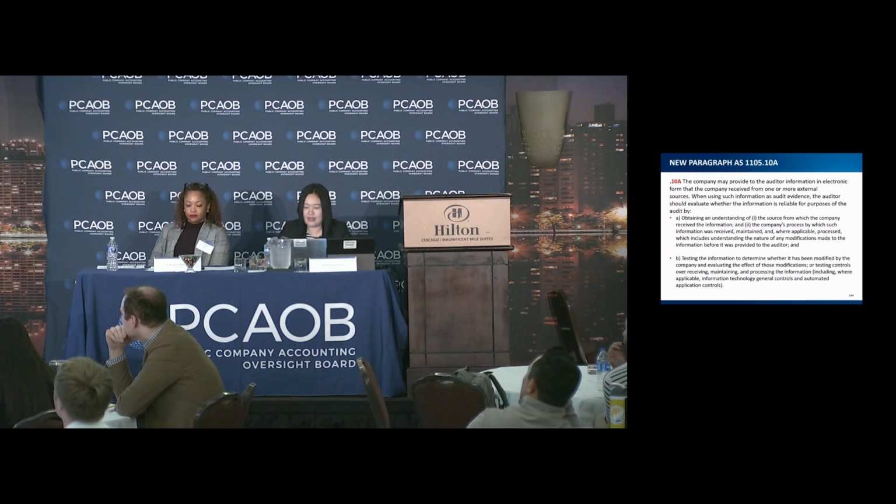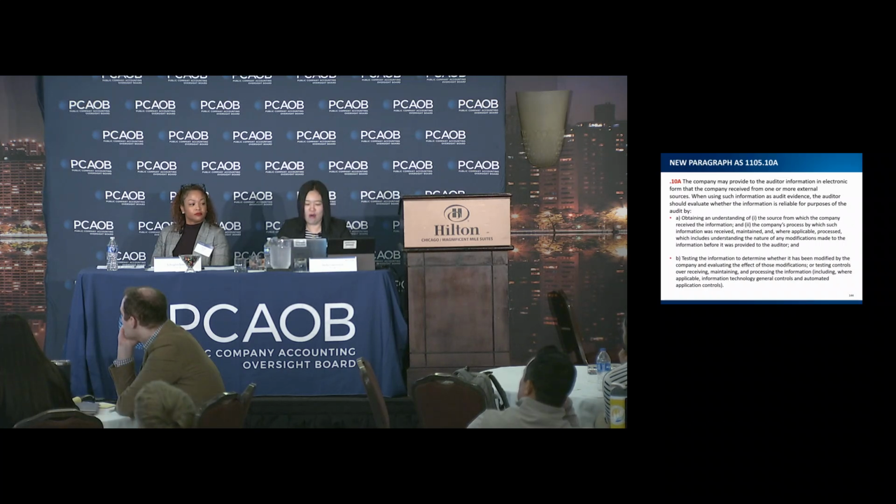This responsibility applies to all evidence, no matter where it originates, whether produced internally by the company or obtained from external sources. When using information produced by the company, auditors are required to test the information for accuracy and completeness, or alternatively, to test the company's controls over accuracy and completeness. This requirement has been in place for some time.